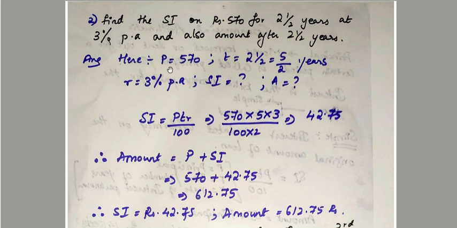So principal is equal to 570. Time is equal to 2.5 years. 2.5 years can be written as 2 twos are 4, 4 plus 1 is 5, so 5 divided by 2 years. Rate is equal to 3% per annum. So simple interest and amount you are supposed to calculate.